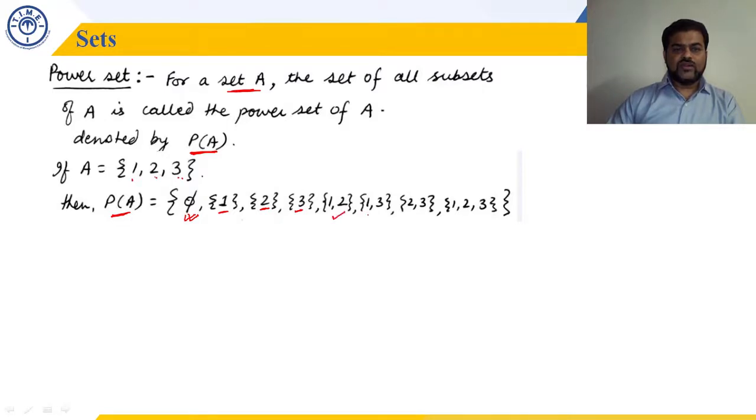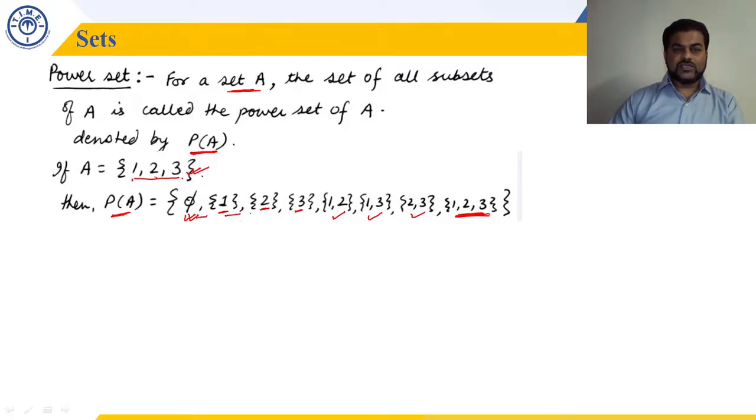So we get 3 more subsets. And there is one more subset which is nothing but set A itself. If I take all the elements of set A, then this set is nothing but set A itself. Fine. So these are all the subsets.